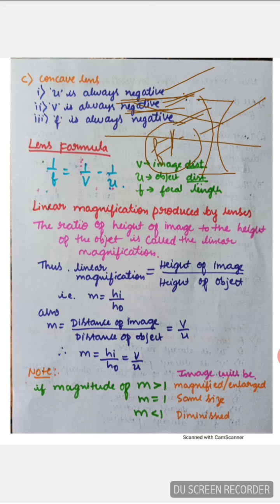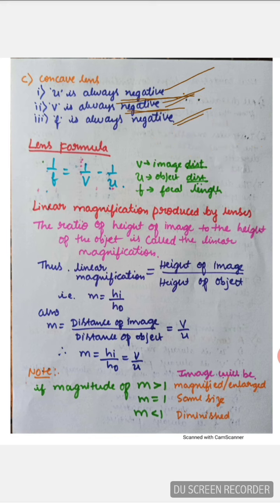The rays appear to meet, so we have a virtual focus. Since the distance is measured on the left side, focal length will be negative. So that is why in the case of a concave lens, object distance, image distance as well as focal length are considered negative. So it is easy to remember. In the case of a concave lens, all three will be negative.